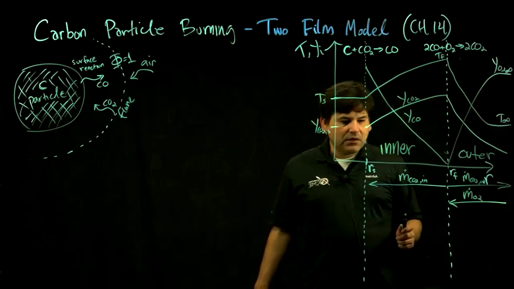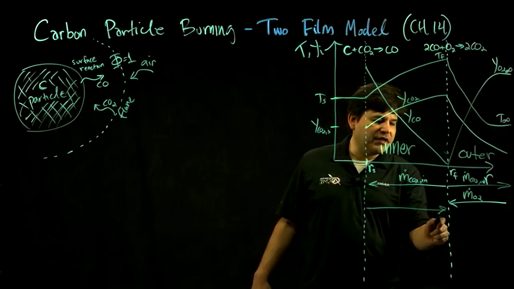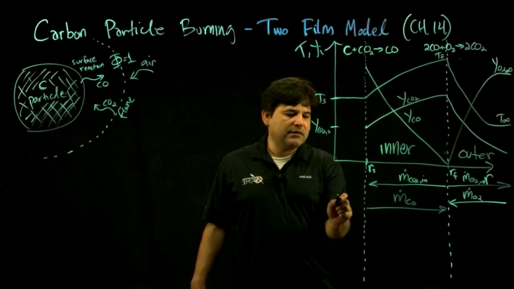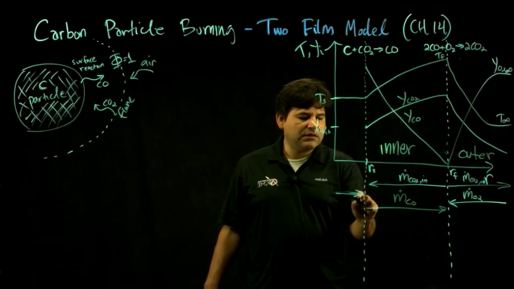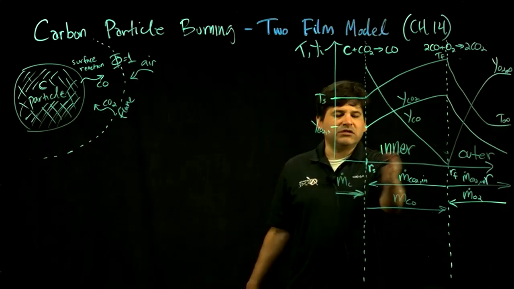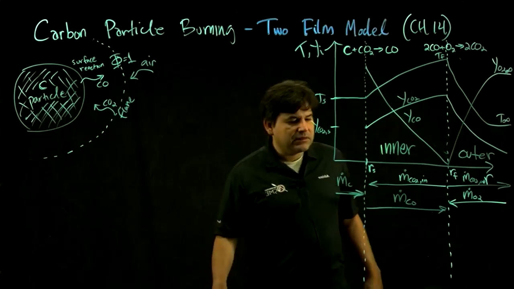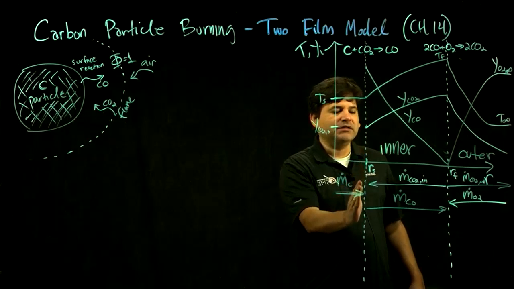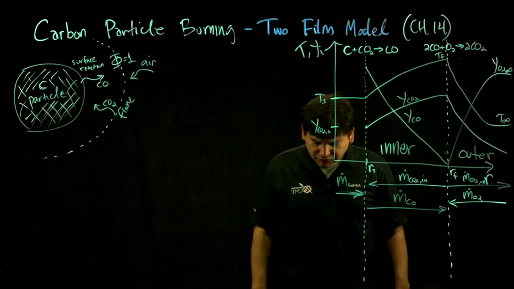Then you're producing CO at the surface, and that goes to feed the flame. And then this whole source of the carbon is the carbon surface. So it's not really flowing, but as soon as you leave this surface, you can use it to balance the carbon, because even though it's not moving, there has to be a mass balance to keep all of this balanced out based on the surface carbon.